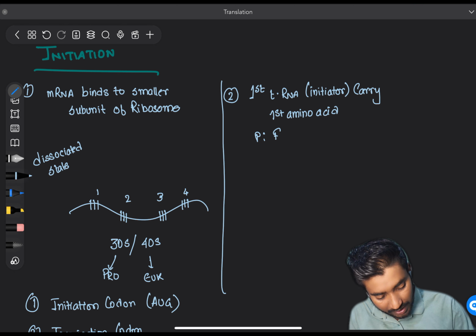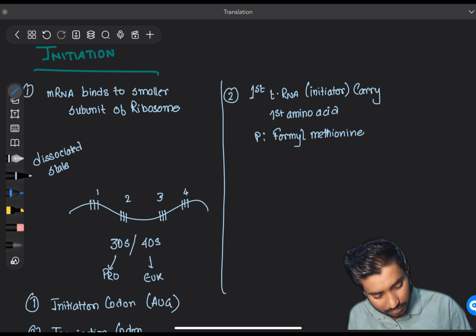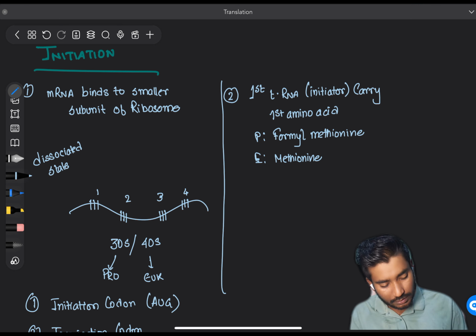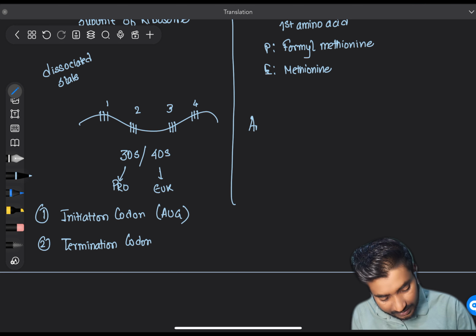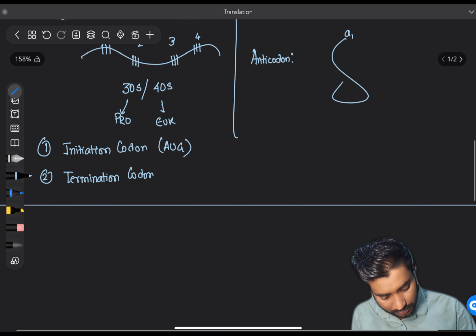In prokaryotes it is formyl methionine and in eukaryotes it is methionine. Now the anticodon part.